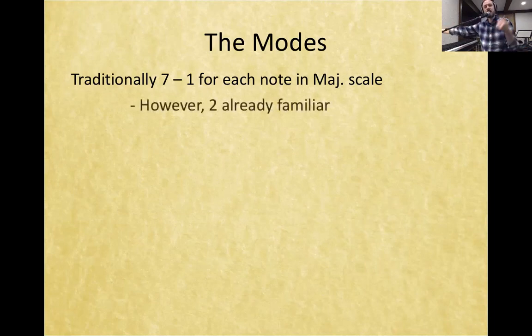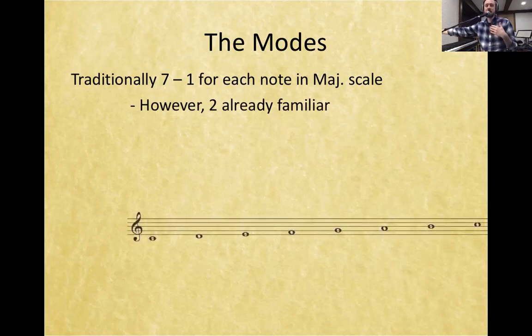However, there's a nice bonus in there, which is that 2 of these are already scales that we're really, really familiar with. So if we're saying that to build a mode, we're taking the notes of the major scale and starting on different notes, well, if you start on the very first note of a major scale, I think we already know that scale, right?